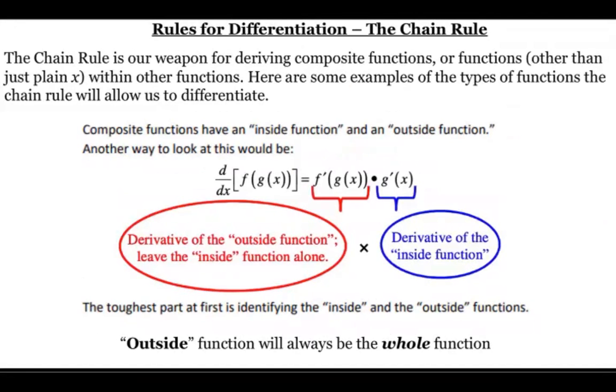Eventually, when we get into this, there will be many layers to it, so you'll have the inside of this function and then the inside of that function. That's why it's called the chain rule, because they chain together. The toughest part is knowing when I need to use the chain rule.